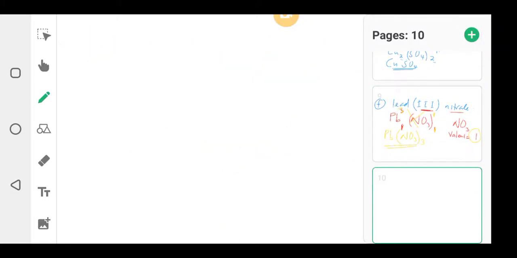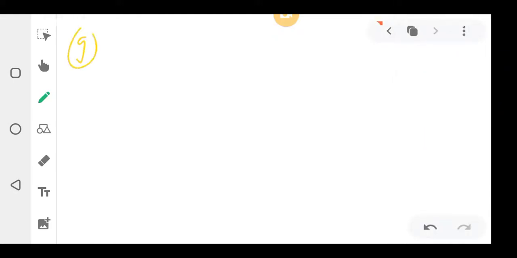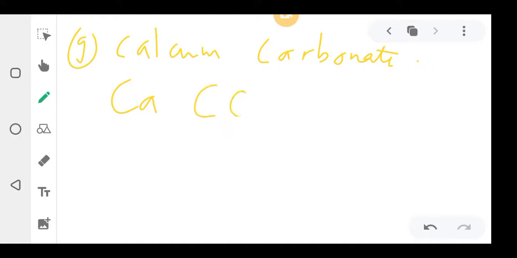So lastly, calcium carbonate, which is G. Calcium is Ca. Carbonate is CO3.